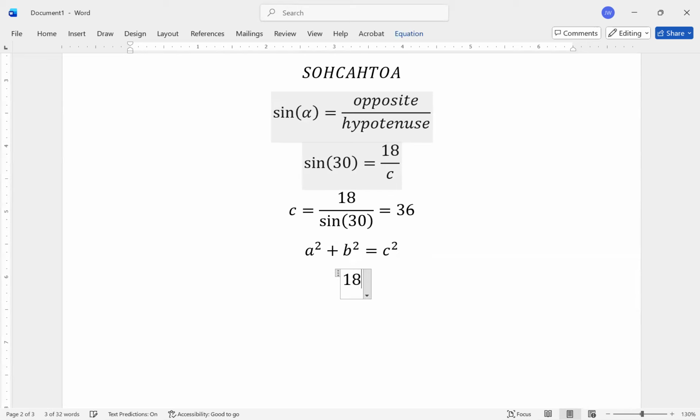And we would get 18 squared plus B squared is equal to 36 squared, since I already know A and C. And so B squared would equal 36 squared minus 18 squared, and then take the square root of that number.